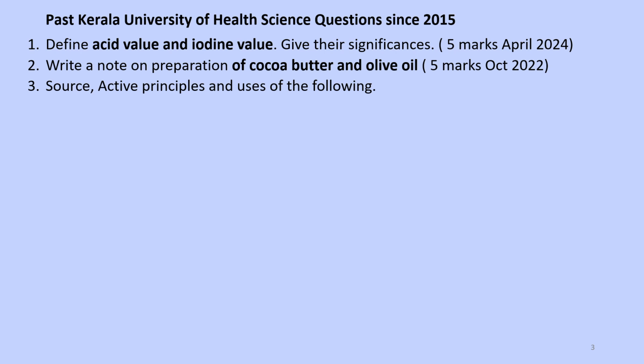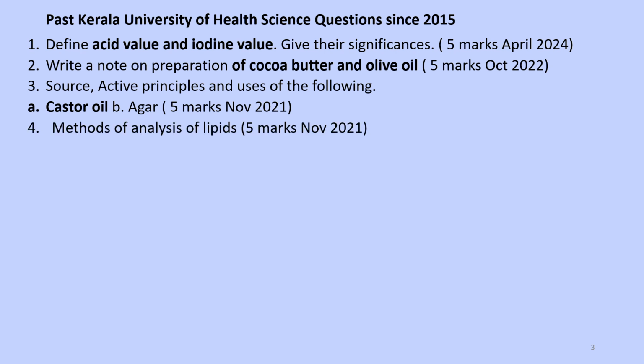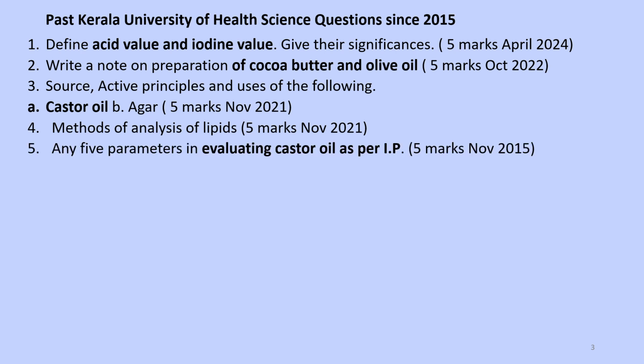Source of active principles and uses of the following, in which they have mentioned castor oil. It's a half question. Agar is from another chapter, carbohydrates. And methods of analysis of lipids they have asked as a 5 mark question in 2021.